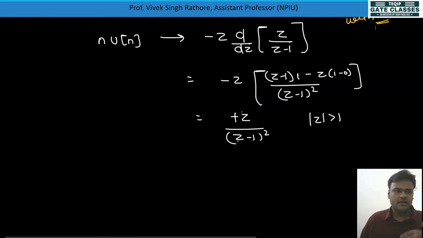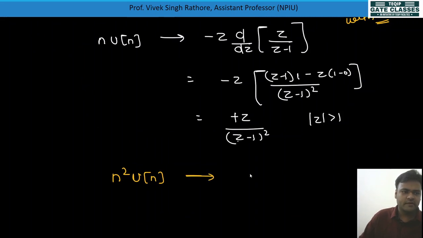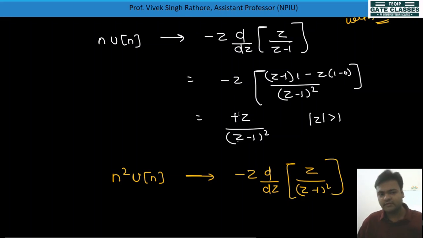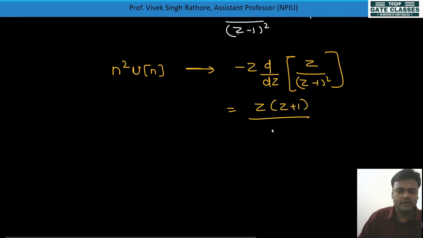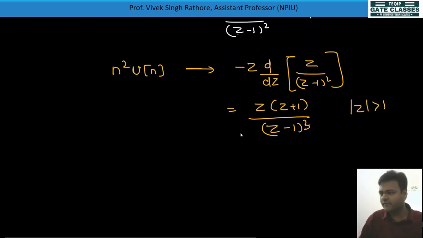If we see n square u of n, what you will get is minus z d by dz of z by z minus 1 whole square. Now we need to take this value. What we'll get is z into z plus 1 over z minus 1 whole cube, and mod z is still greater than 1, meaning the ROC is greater than 1.